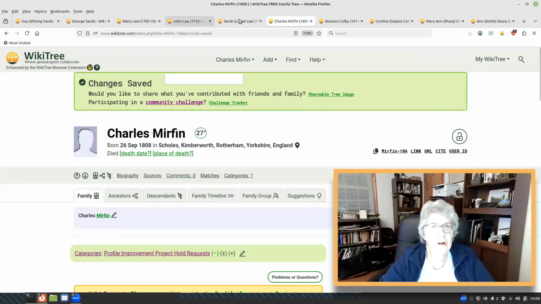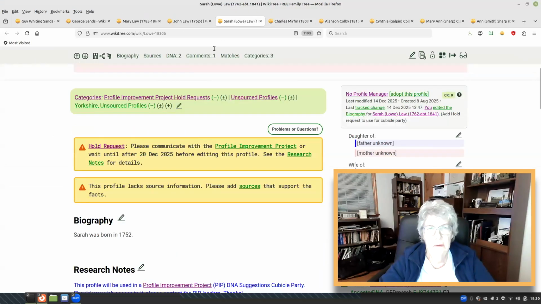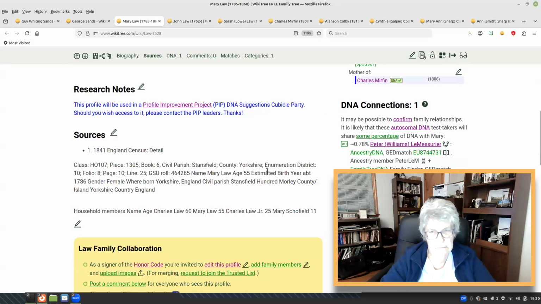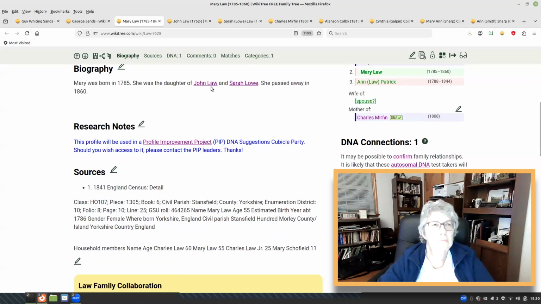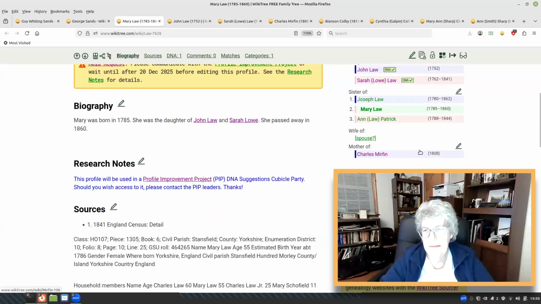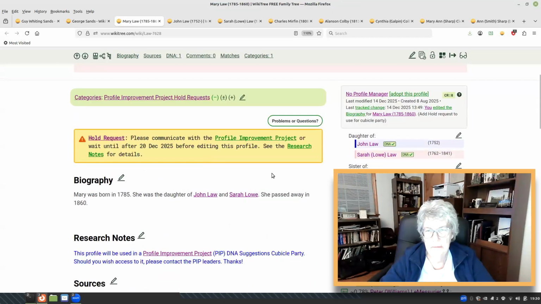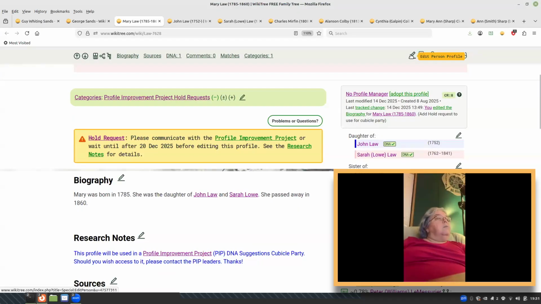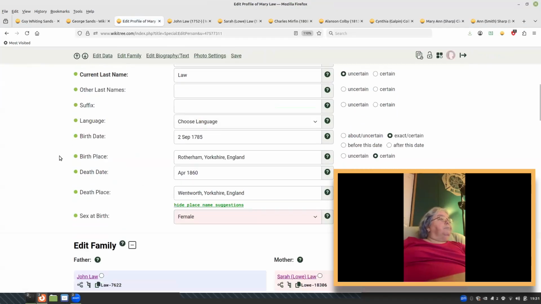So that takes care of Charles. We don't need to change Sarah. We change from the child. Right. And we look at her again. Now you see the DNA went away on her son. But it's still there for her parents, so we need to edit hers also. Yeah, yeah.